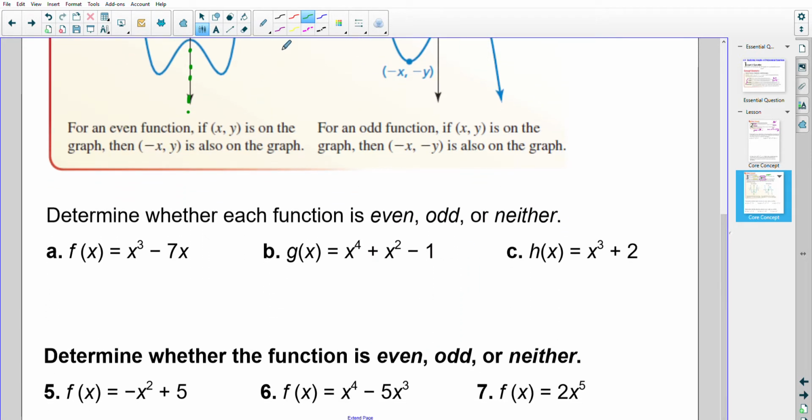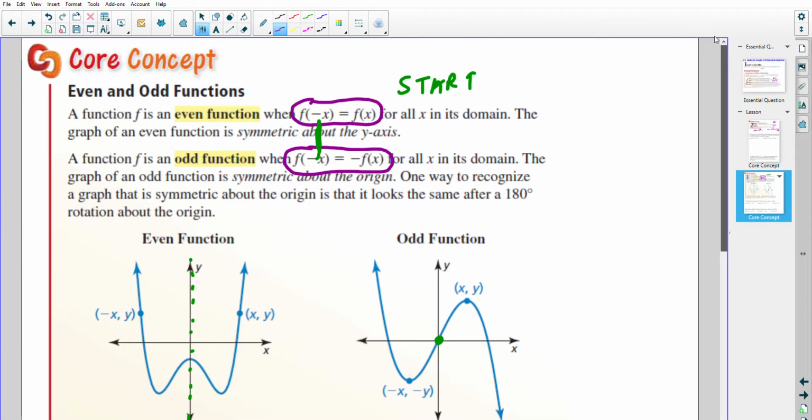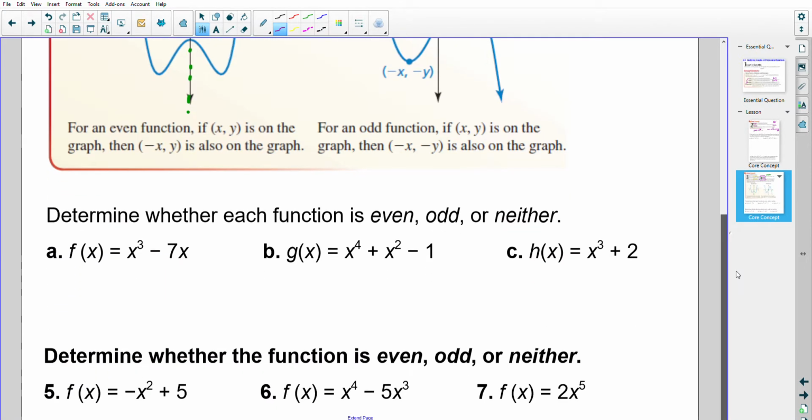Doing a couple problems. We're always going to start, again, with the f of negative x. So in all of these problems, I'm going to first figure out what that is. If I put negative x in for x, I get negative x cubed plus 7x. Now, these are not the same, so it is not even.